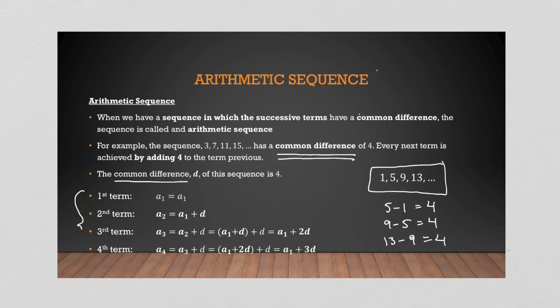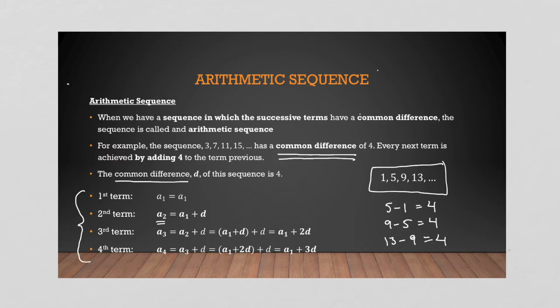Now, if you look here, this is how we're going to generate our equation for an arithmetic sequence. The second term is the first term plus one difference. The third term is the second term plus a difference, but the second term is just the first term plus a difference. So we end up with the first term plus 2 times the difference. Now the thing you'll notice here is this is the third term and it's 2 times the difference.